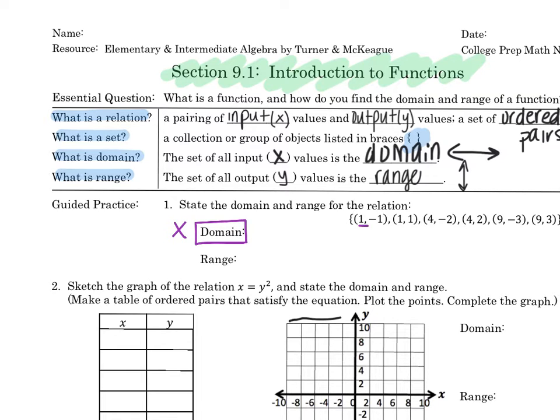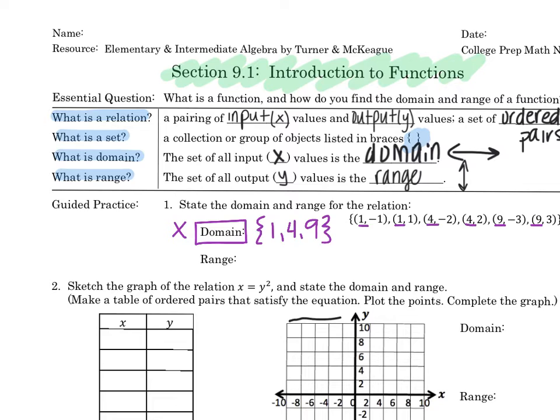So all of my X values: 1, 1, 4, 4, 9, 9. So that means the domain is 1, 4, and 9. Yes, I understand that they repeat, but we don't have to put them every single time they repeat.